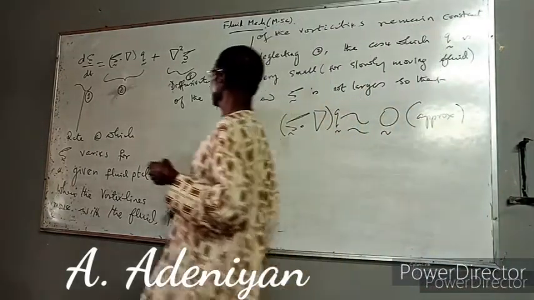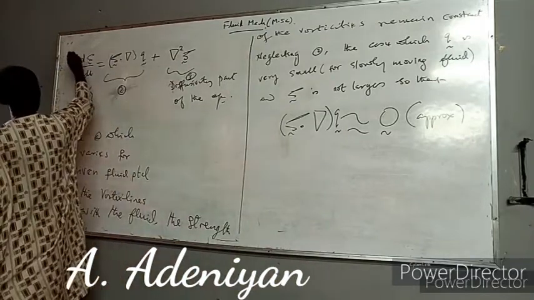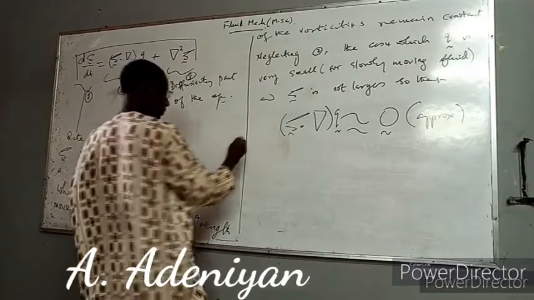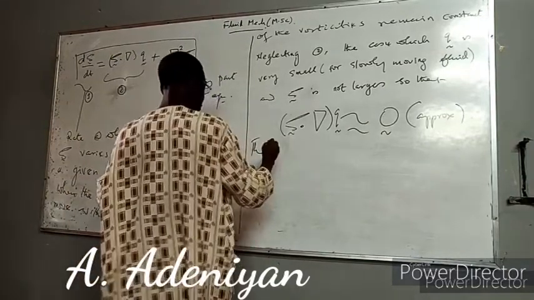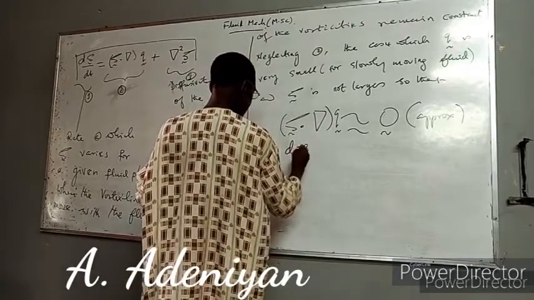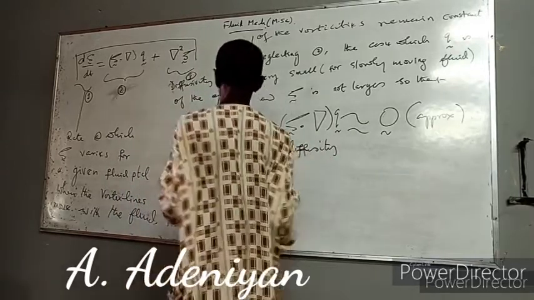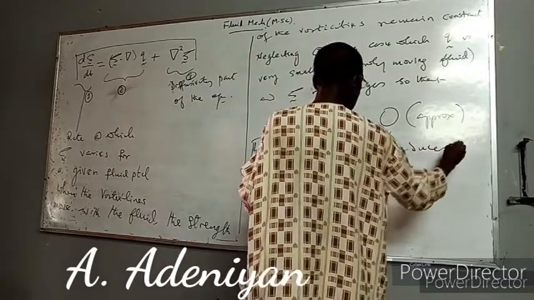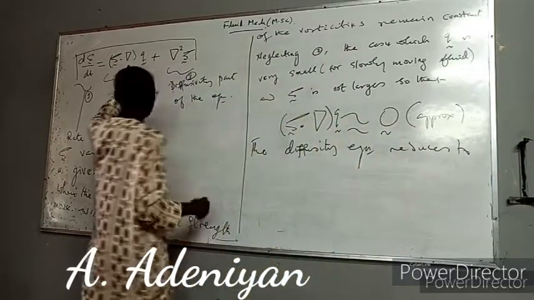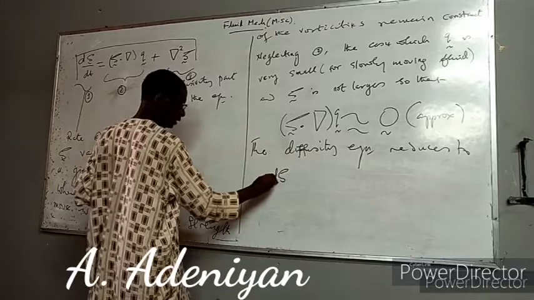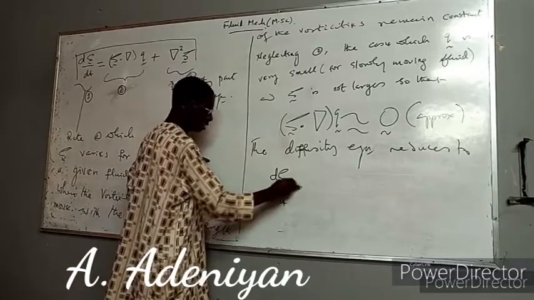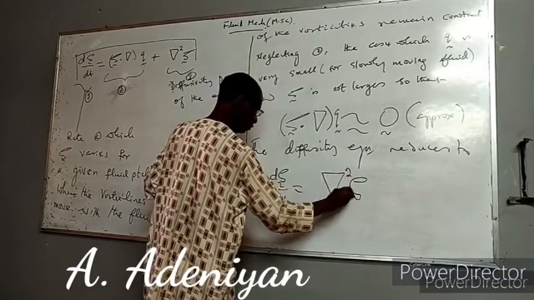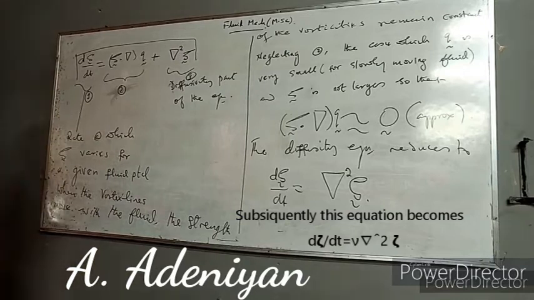In that wise, our equation here will change to what? The diffusivity equation then reduces to what? This part is 0. We now obtain what? That is dzeta/dt is equal to nu del square of zeta. That's what we get.